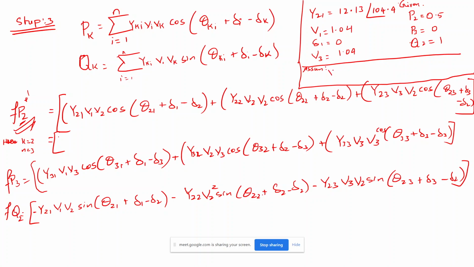So for the initial or 0th iteration, V2 is 1, and del 2 for initial value is 0, and for del 3, as slack, we are also assuming 0. So these are the given values and these are the assumed values.